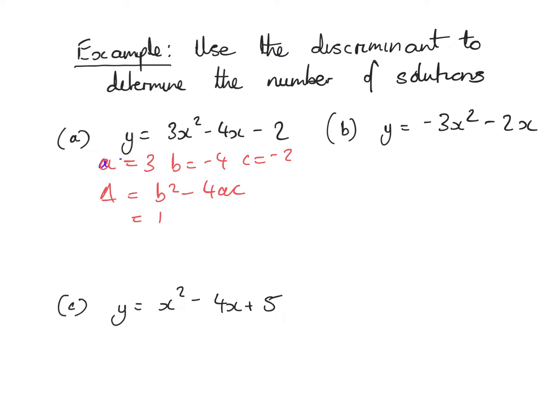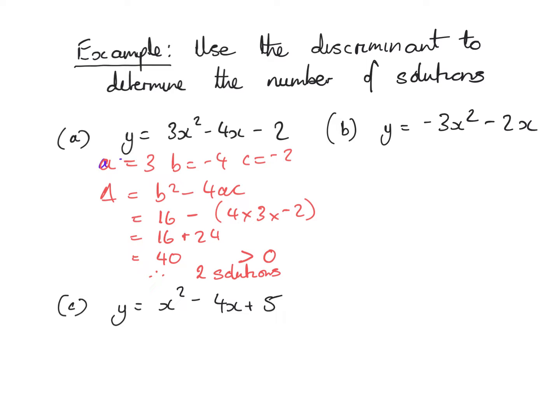B squared, 16, minus 4 times 3 times minus 2. So it's 16 plus 24, and so that makes 40. That is a value which is greater than 0, so therefore we have two solutions.